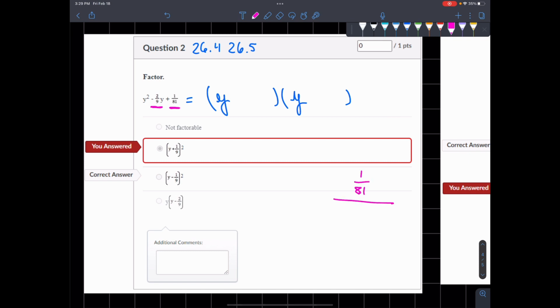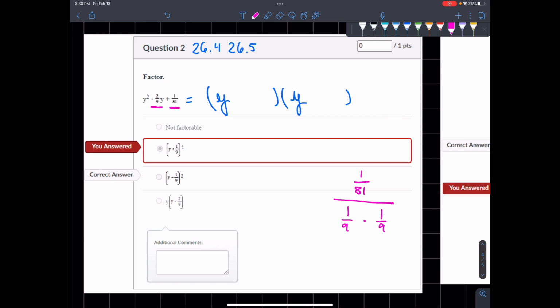When looking at our answers, we know the answer has to be a square, because that is what many of our choices are. It's factorable because I can say that 1 over 9 times 1 over 9 is equal to 1 over 81, but they don't add to make negative 2 over 9.